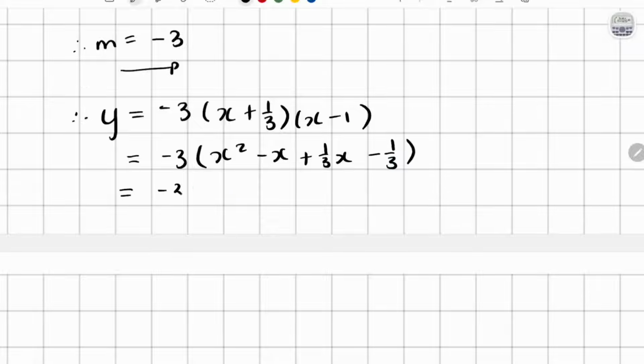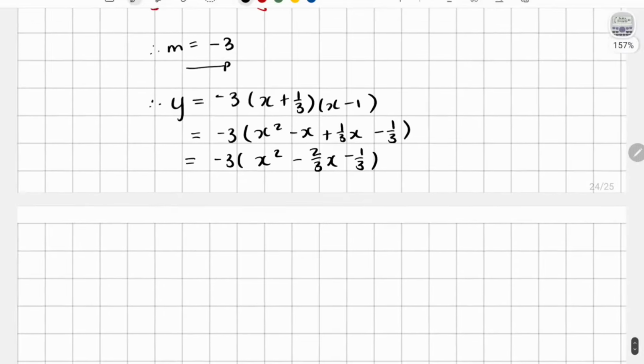Now simplify negative 3, we have x squared. What is negative x plus 1 over 3? That's like saying 1 over 3 minus 1, because that's the coefficient that we have there. Now this is a positive 1 over 3. I'll just change that to a 3 over 3, which is going to be negative 2 over 3. So you can use a calculator as well. Negative 2 over 3x and then minus 1 over 3.